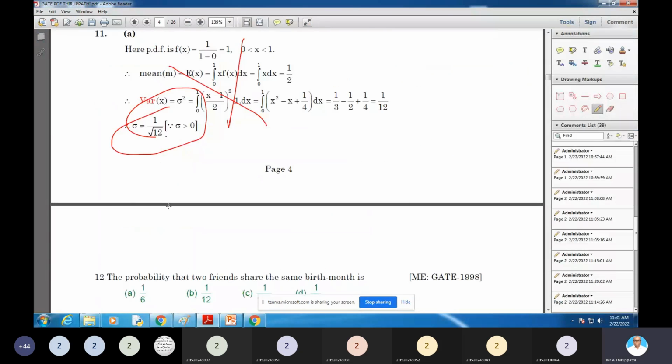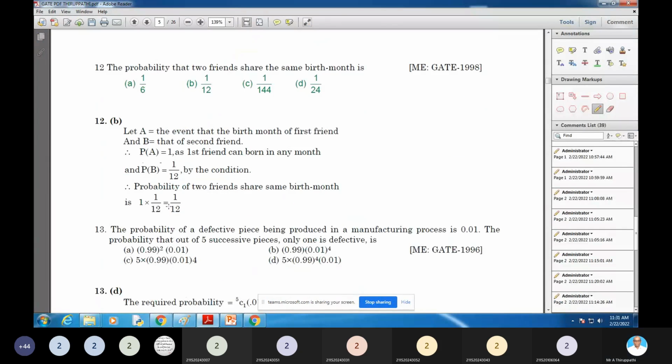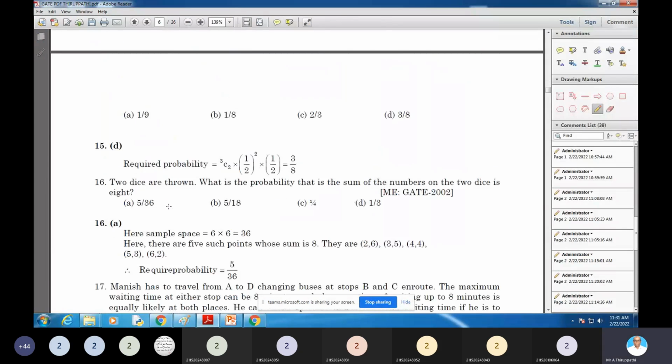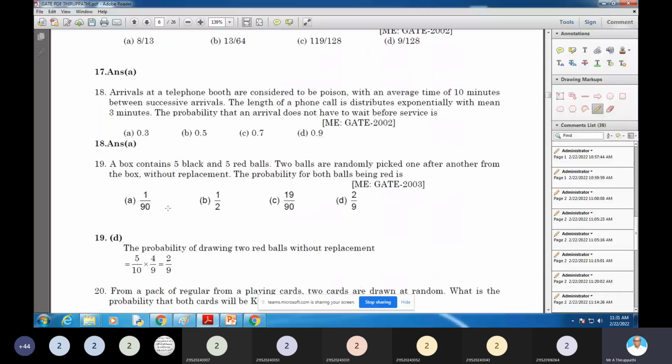Now, similarly, we will discuss the probability later. This is your probability problems. I will take another one of the problems. Please wait.